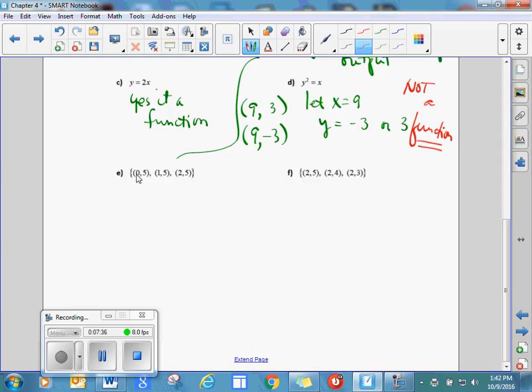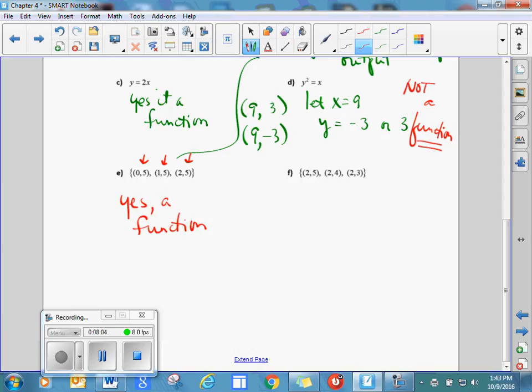So 0 can be 5, 1 can be 5, 2 can be 5. It doesn't matter if your output repeats. That's perfectly fine. What can't repeat is the x value, like in this example, with a totally different output. So this one has unique x values, and we don't care that the y values repeat. So yes, this is a function.